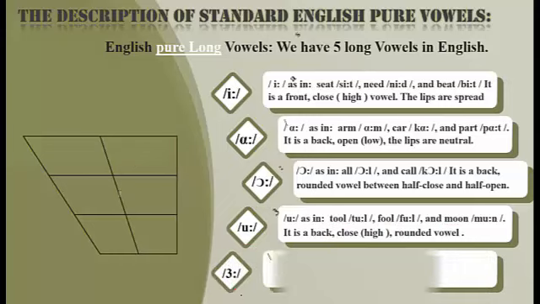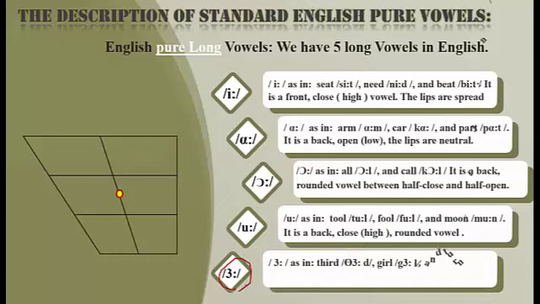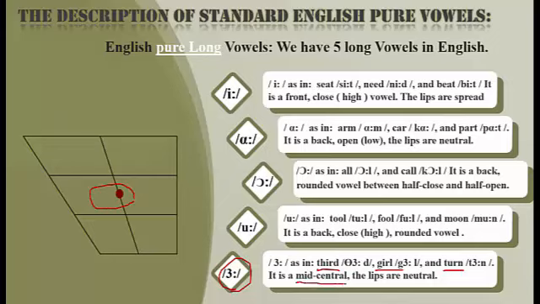The last long vowel is the sound, as in third, girl, and turn. This long vowel is mid-central, and by mid-central we mean that it is in the middle position vertically and horizontally. The lips have neutral shape.